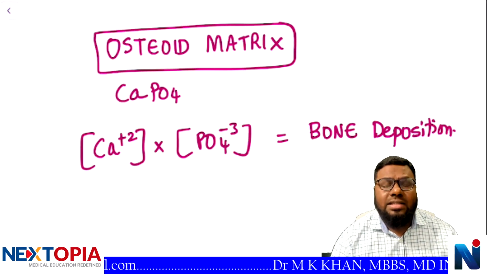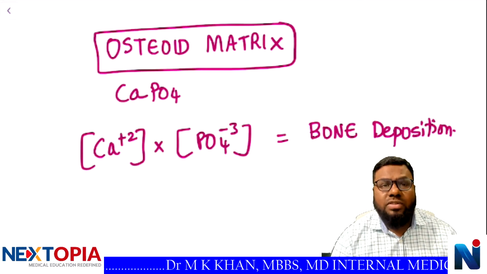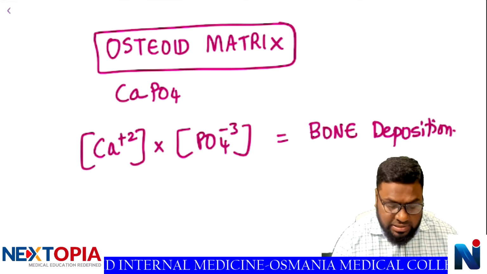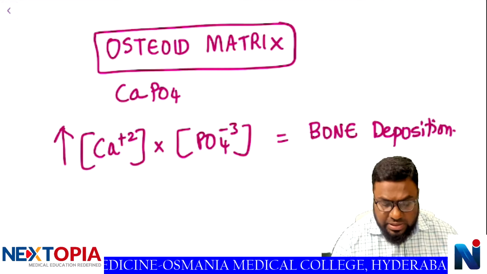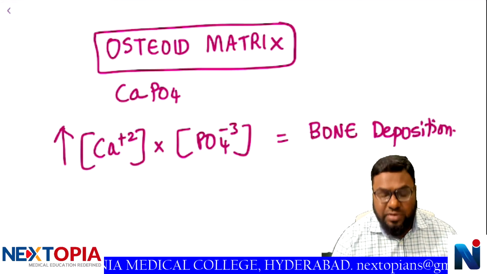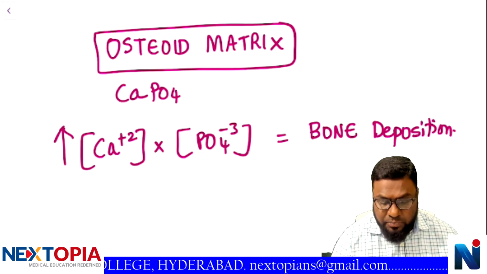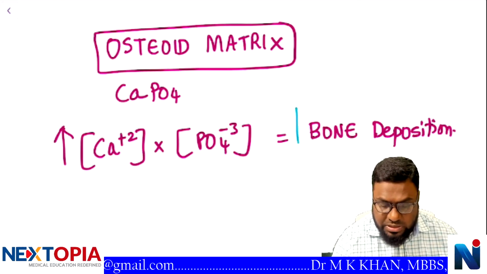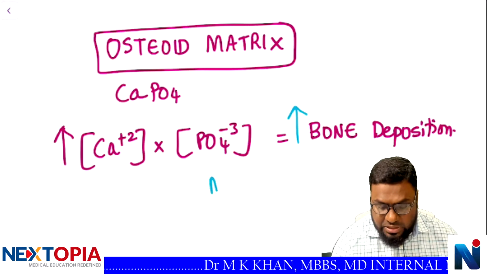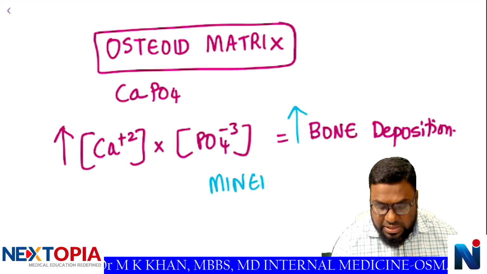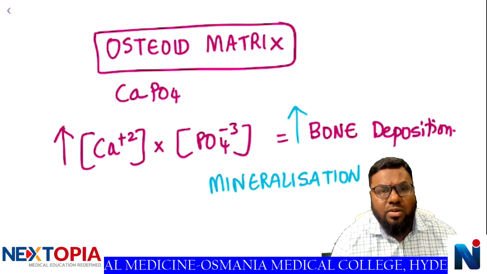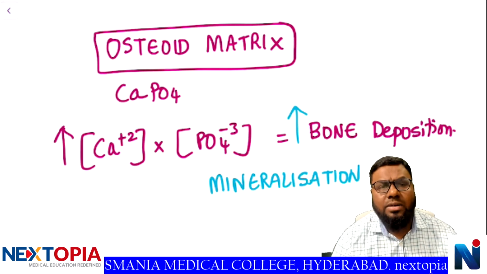Solubility product, to understand, under normal conditions, whenever there is an increase in the intracellular fluid concentration of calcium, or an increase in the phosphate concentration, increase in the serum calcium, or increase in the serum phosphate levels, what will happen? This increases the bone deposition. The process, we call it mineralization. We say that mineralization of bone has increased, and obviously vice versa will happen. All right.